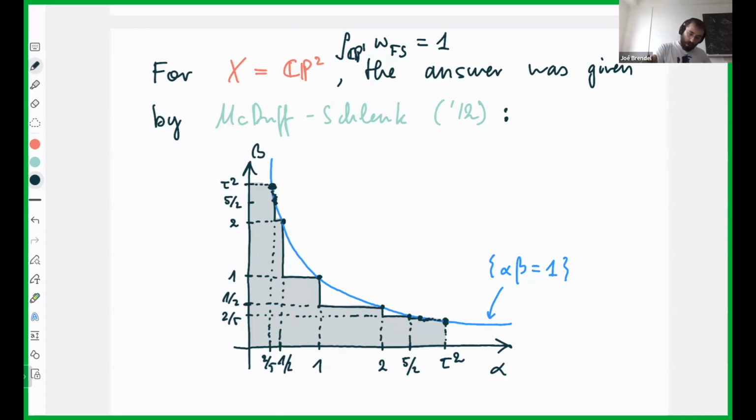And then for this problem, you get a volume constraint. So here I've drawn the alpha beta space. I try to determine the set, or rather Schlenk determined the set of alpha beta where this embedding exists. And this blue curve is the volume constraint, because the ellipsoid will have area alpha beta over 2, and the target space will have 1/2 in volume.